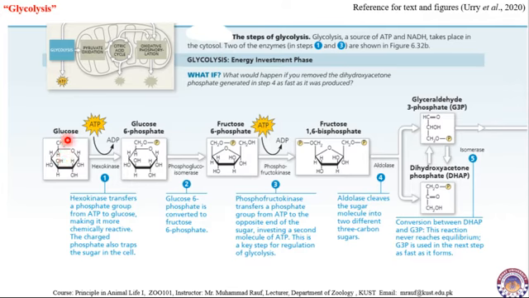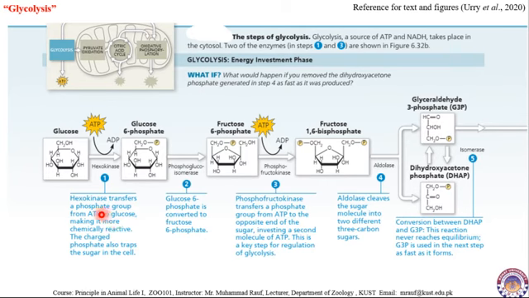Once inside the cell, the glucose molecule is acted upon by the hexokinase enzyme, and this is the phase where the first ATP is consumed. Hexokinase transfers a phosphate group from ATP to glucose, making it more chemically reactive.